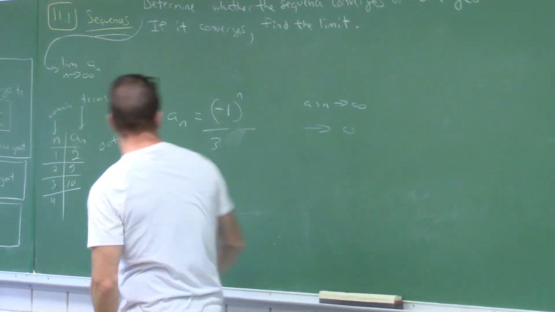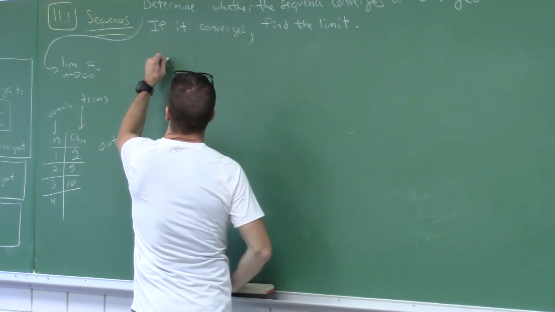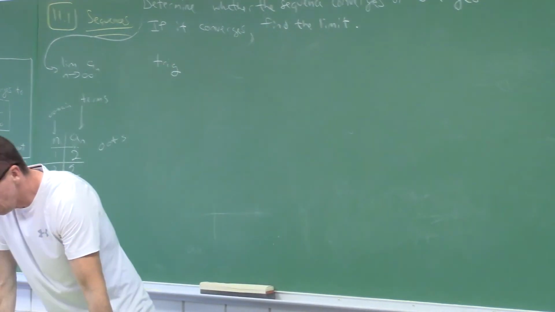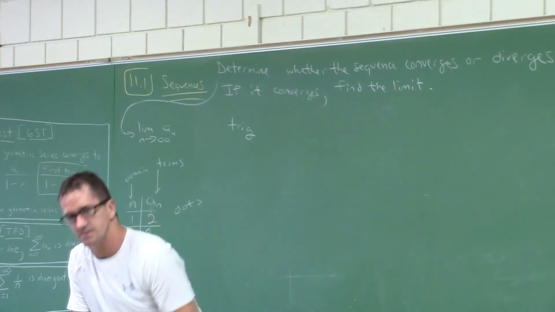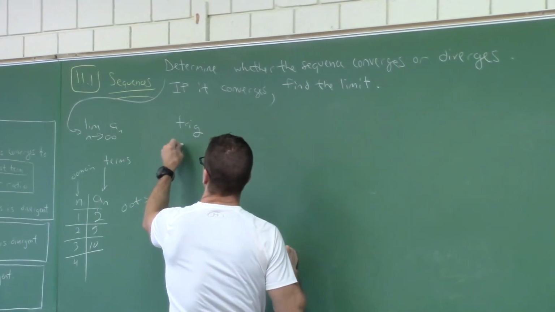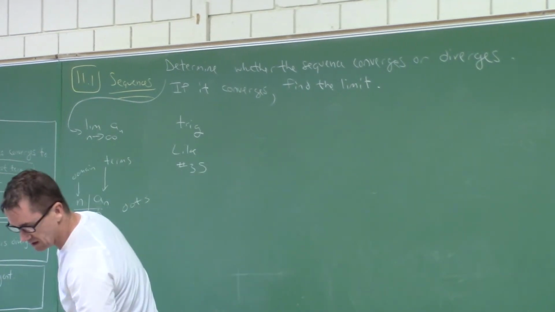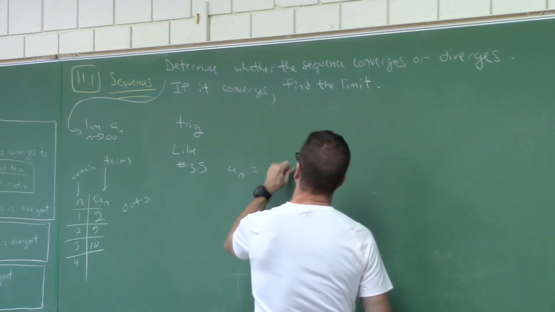Hey, let's get some trig functions in here. Okay, this is like number 35 and 36. This is like 35. A sub n equals sine of n over 2.